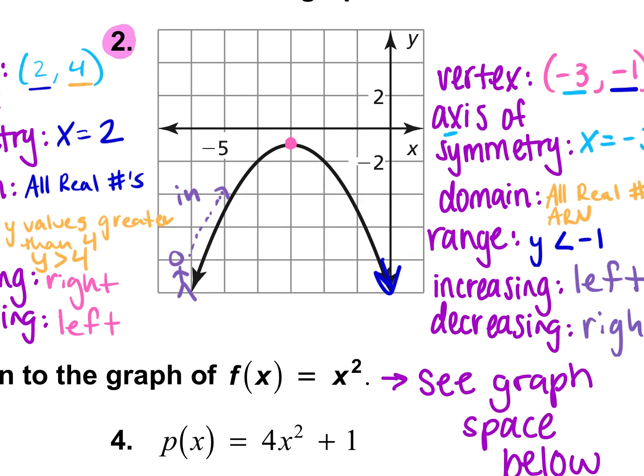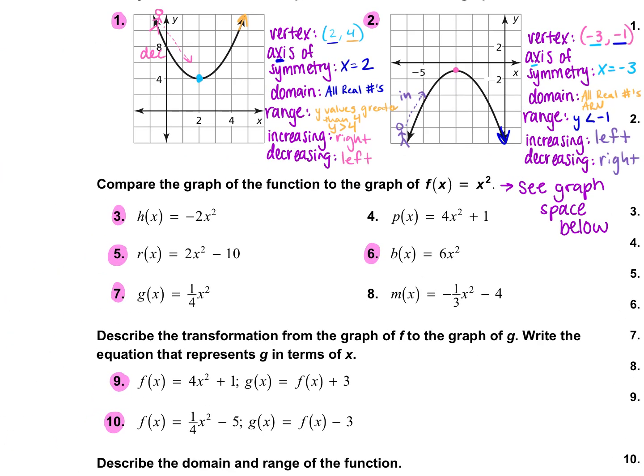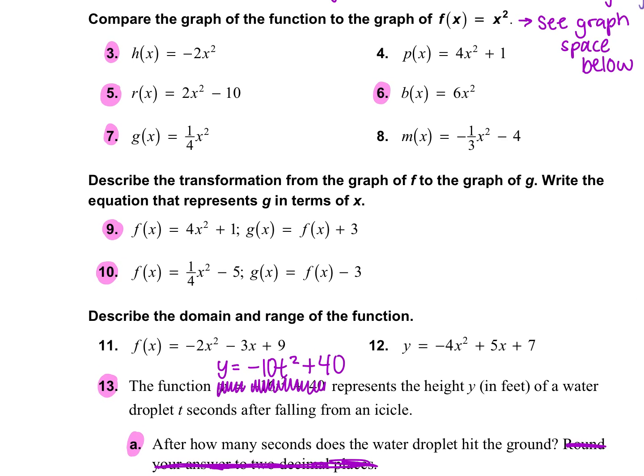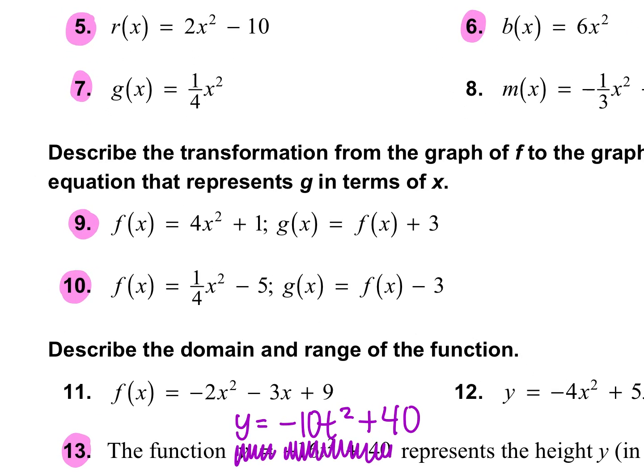All right, for the next 4 questions, 3, 5, 7, and 6, we are going to put those on the graphs down below, but let's look at 9 and 10 before we go to the next page. Here we want to describe the transformation of the graph and then write the equation that represents g in terms of x. So when we add 3 to our graph, what does that do to it?